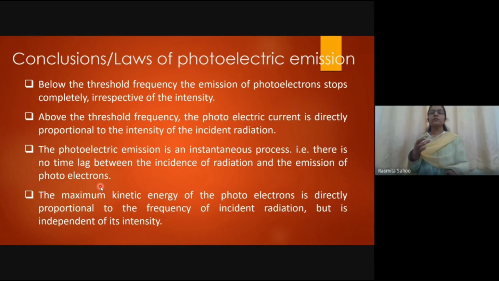In the next class, we'll see some more interesting experiments which can establish the nature of light, whether it moves as a particle or a wave. Those will be more clear, so we'll discuss them in the next class.